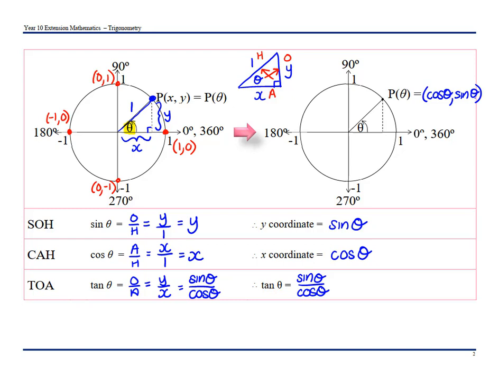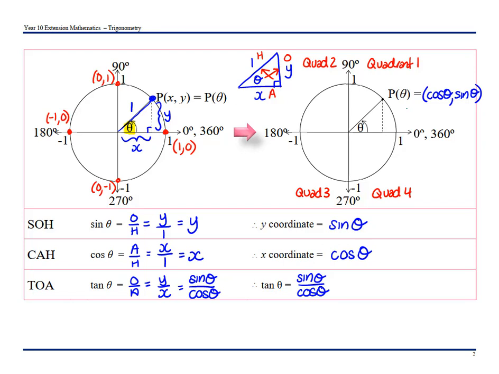Now, the other thing to note when we're looking at this unit circle is what quadrant I'm in. Remembering that we go in anti-clockwise direction. So this is quadrant 1, this is quadrant 2, this is quadrant 3, and this is quadrant 4.